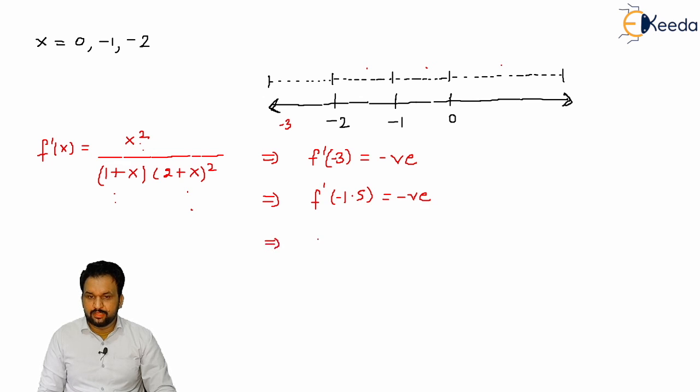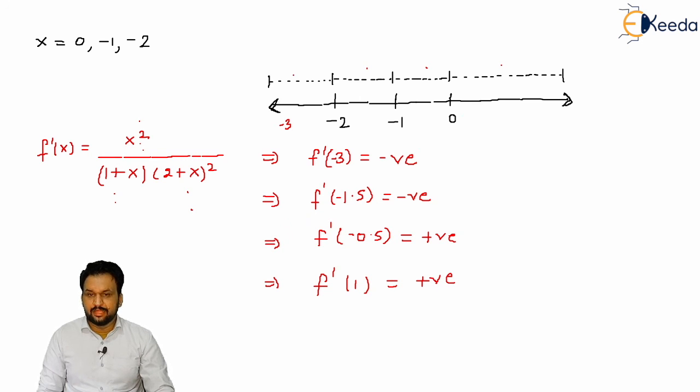And after that, I'm finding from minus 1 to 0, or you can say f of minus 0.5. What will it become? x square gives you positive, this has a whole square, so it gives positive, and 1 plus minus 0.5 is also positive, because 1 is greater than 0.5, so here you got a positive result. Similarly, if you substitute a value more than 0, like 1, this always gives you positive.